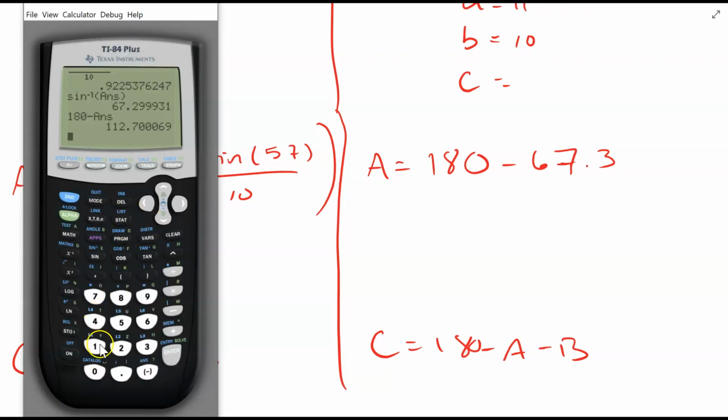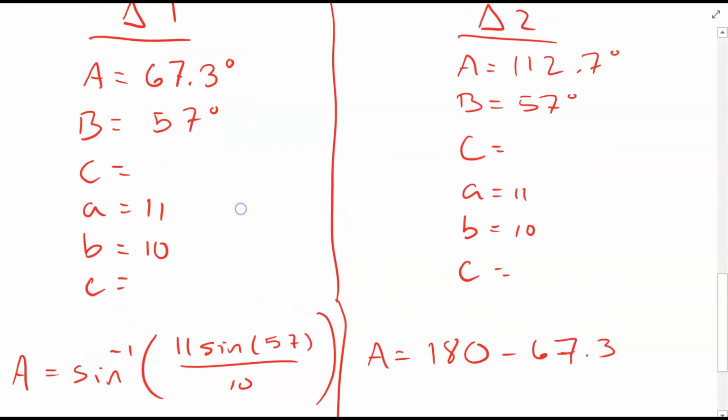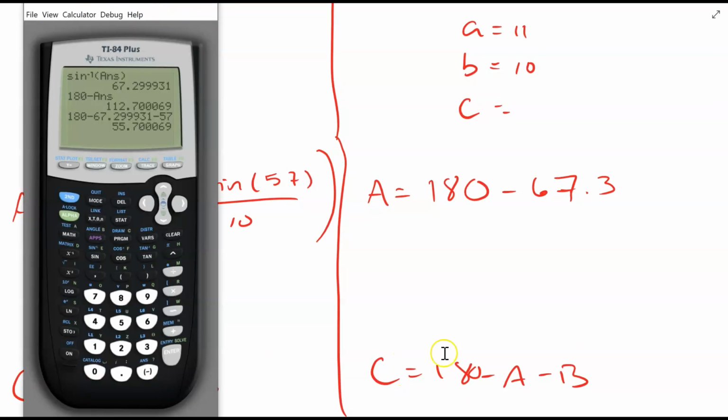Let's pop those out real quick. So 55.7 over here. And then over on the other side, 180 minus, and minus 57. So 10.3.